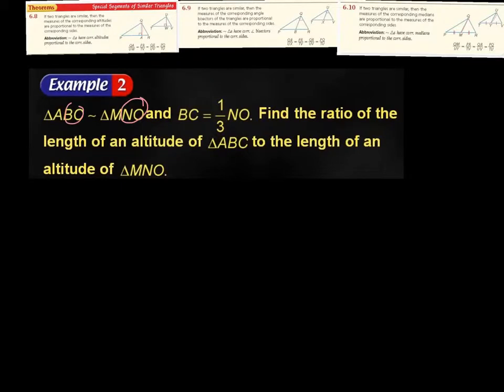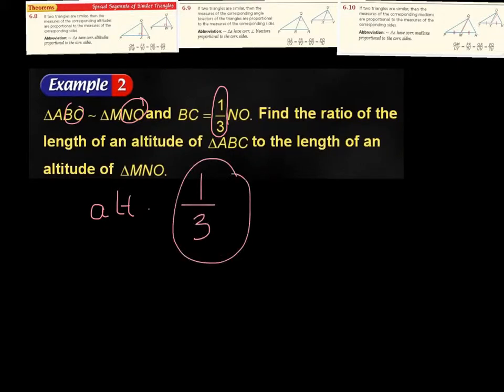Well, in Theorem 6.8, they said that if two triangles are similar, then the measures of the corresponding altitudes are proportional to the measures of the corresponding sides. So if our corresponding sides are related in a ratio of 1:3, the altitudes are related in a ratio of 1:3.